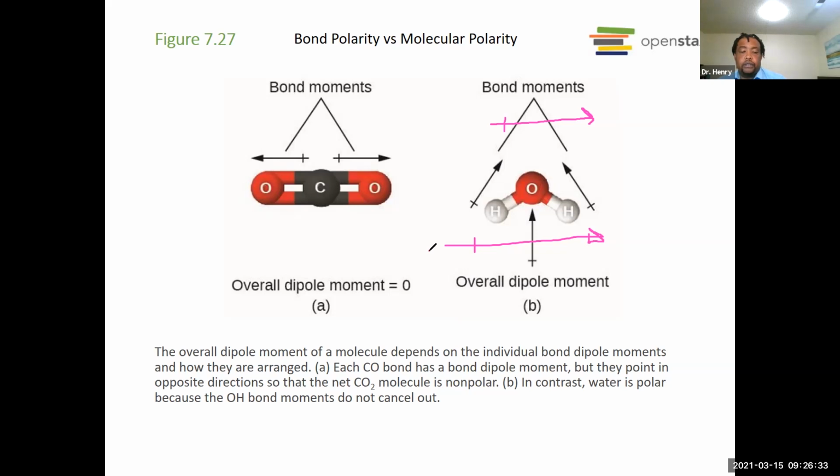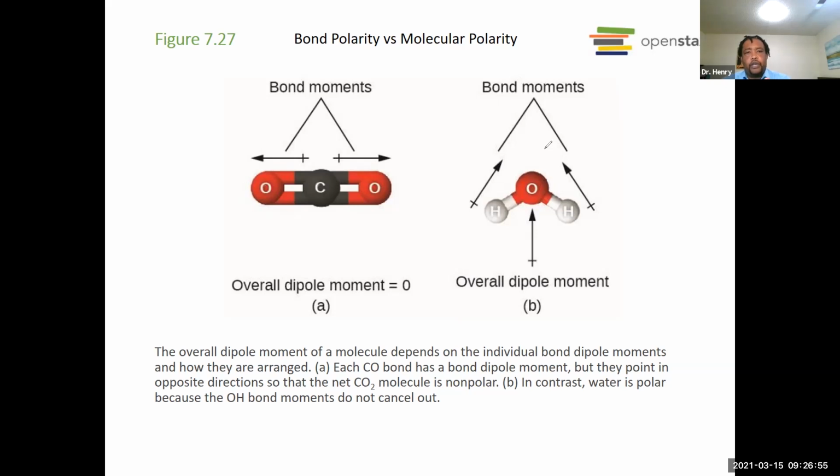Whereas in the case of water, we have the electrons being pulled towards the oxygen, right? Both sets. So both of them are going in the same direction, so this is going to be kind of like an additive effect.